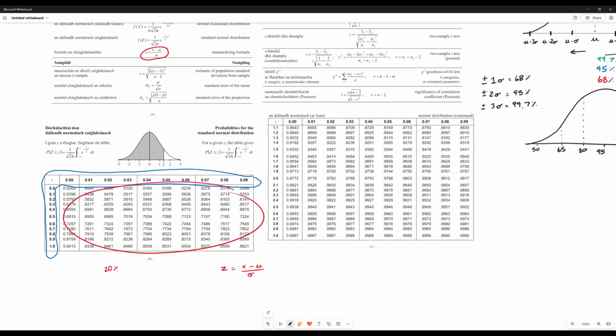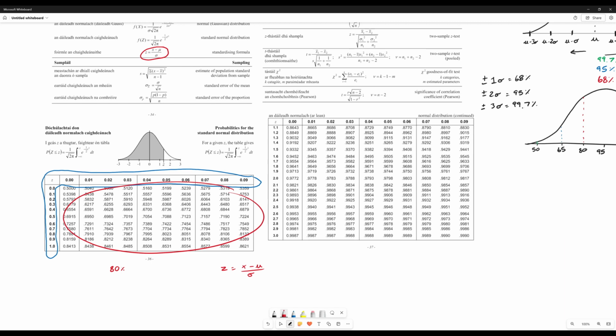Now I won't do 20% to start off with because that's gross. Imagine it said to you, what IQ score would you have to go to that would account for the bottom 80% of everybody in Ireland, IQ score wise? So if I said to you, basically, what IQ score would you have to be above 80% of everybody else?